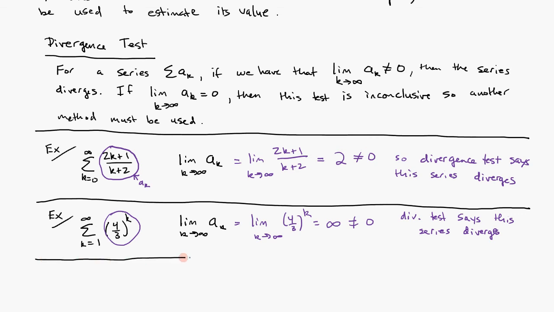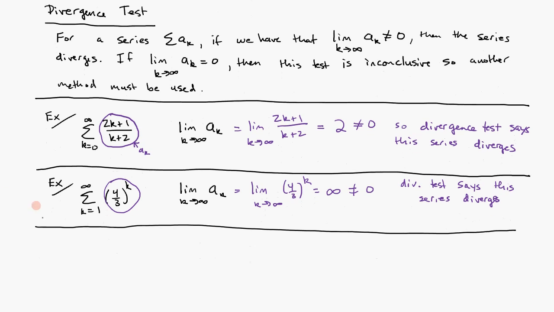Then finally, we've got one last example: the sum k equals 1 to infinity of 1/k. Again, this is the terms a_k, so we take the limit as k goes to infinity of 1/k.